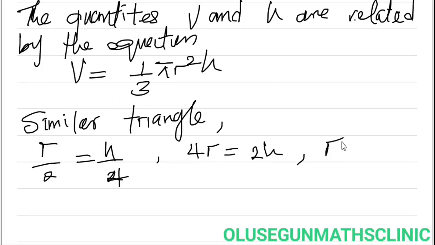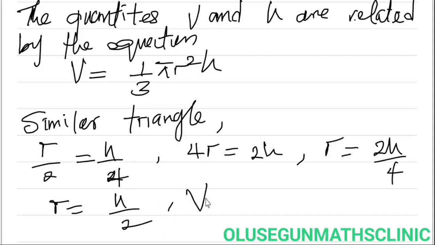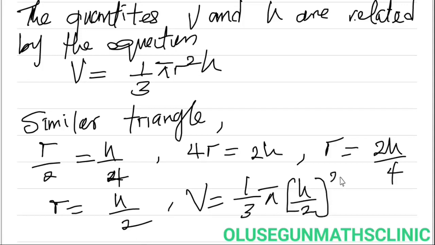So r is equal to 2h over 4. So the value of our r will now be h over 2. So let's put this value. The volume will now be 1 over 3 pi, instead of r, h over 2 squared times h.